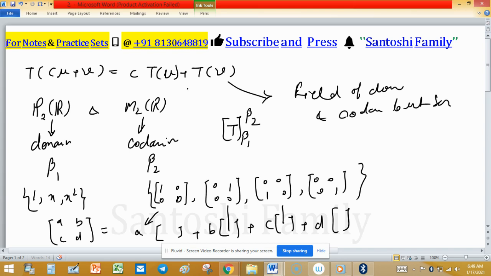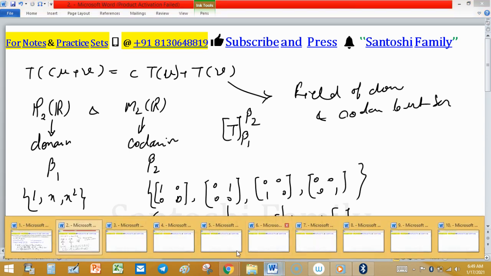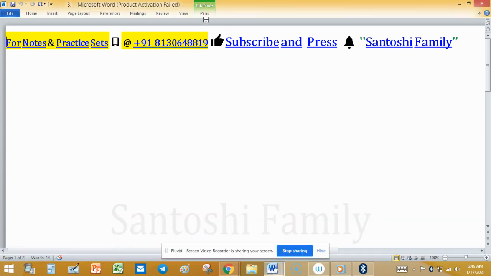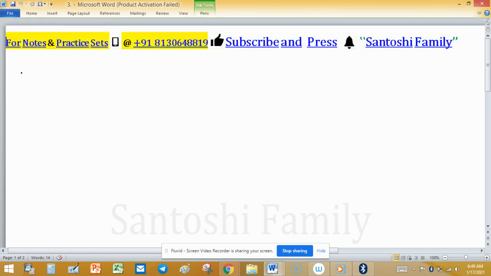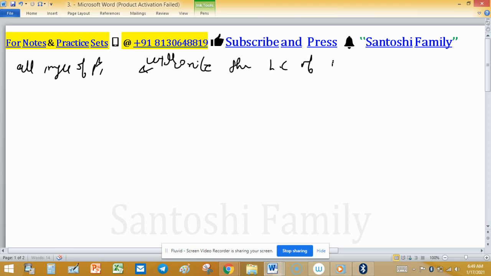Now to write the linear transformation in matrix notation, we will find all the images of the basis beta 1 and write them as linear combinations of beta 2.